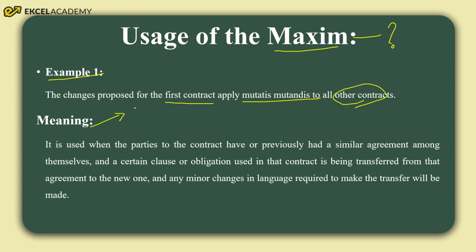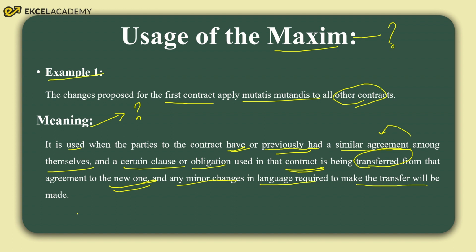What does this sentence mean? It means that the concept is used when the parties to a contract already have or previously have had a similar agreement among themselves. So, the parties are the same and they have had a similar agreement in existence before a particular date, and a certain clause or an obligation used in that earlier contract is being transferred from that agreement to a new one, and any minor changes in the language required to make the transfer will be made.